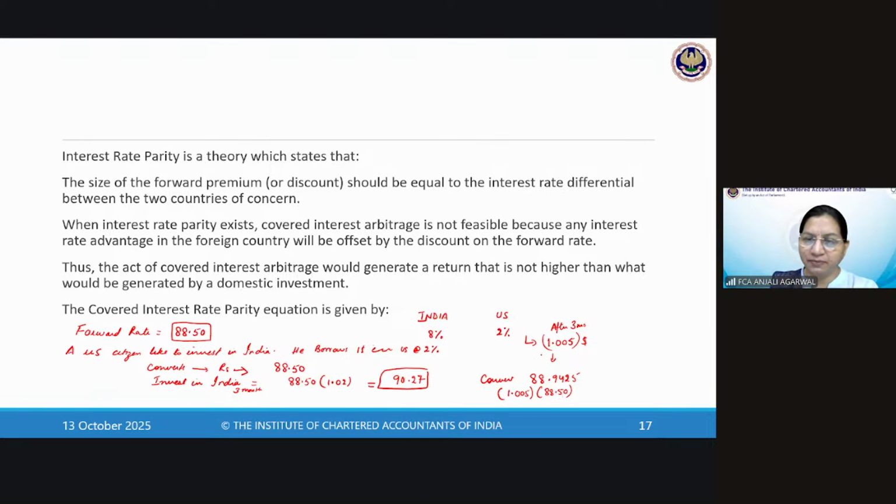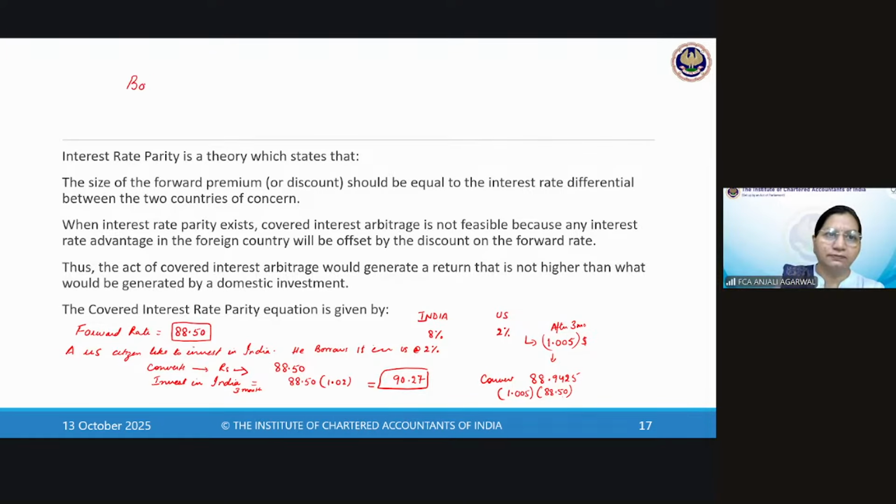Now he has to repay the US lender at the rate of 0.5% interest for 3 months. So he has to pay $1.005, and to buy $1.005 against rupee, if the rate remains 88.50, he will have to pay 88.9425 only. So he has not invested anything from his own pocket, right? He has not invested a single rupee.